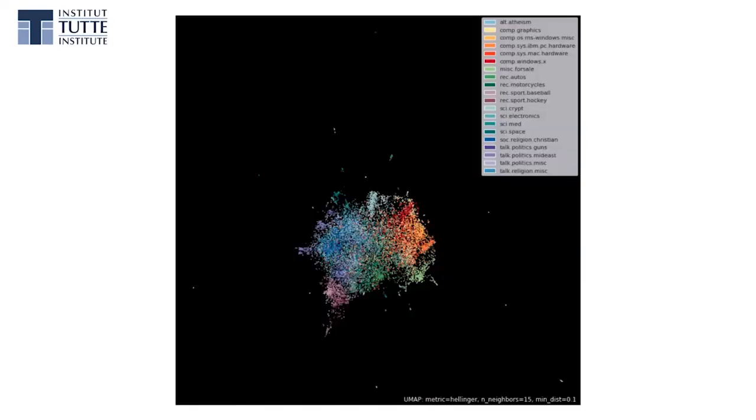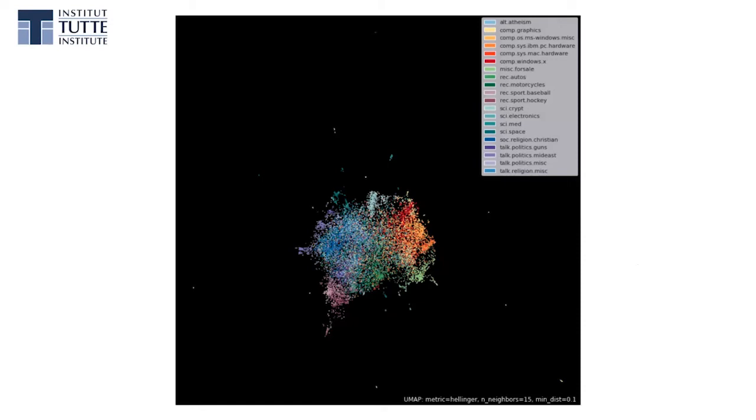And let's use that distance in UMAP to take the 20 newsgroups data set and embed it into 2 dimensions so we can see how this mathematical representation looks with this notion of distance. So this is our sort of straightforward document embedding. And you can see it's done something somewhat reasonable.